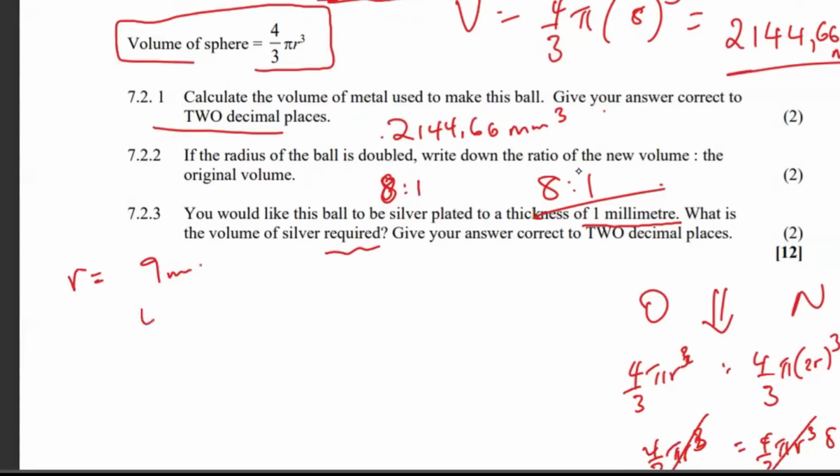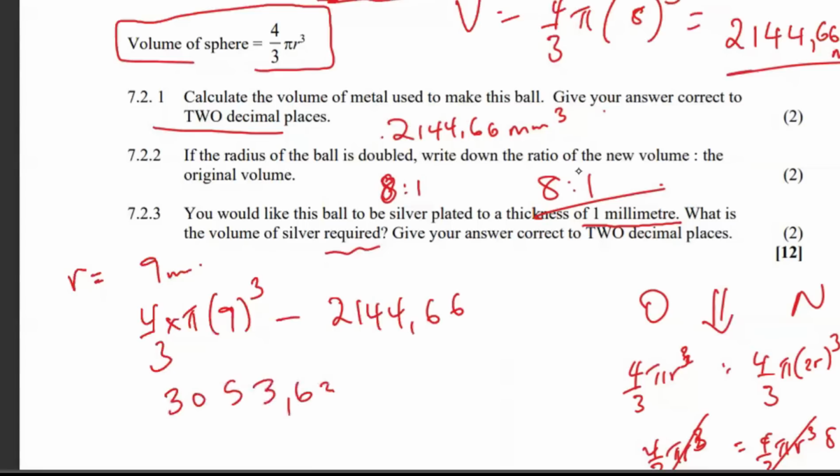So it's going to be 4/3 multiplied by pi multiplied by 9 cubed. And then I'm subtracting the original that we had as 2144,66. All right, so 4/3 multiplied by pi, multiplied by 9 cubed. That gives us 3053,63 minus 2144,66.